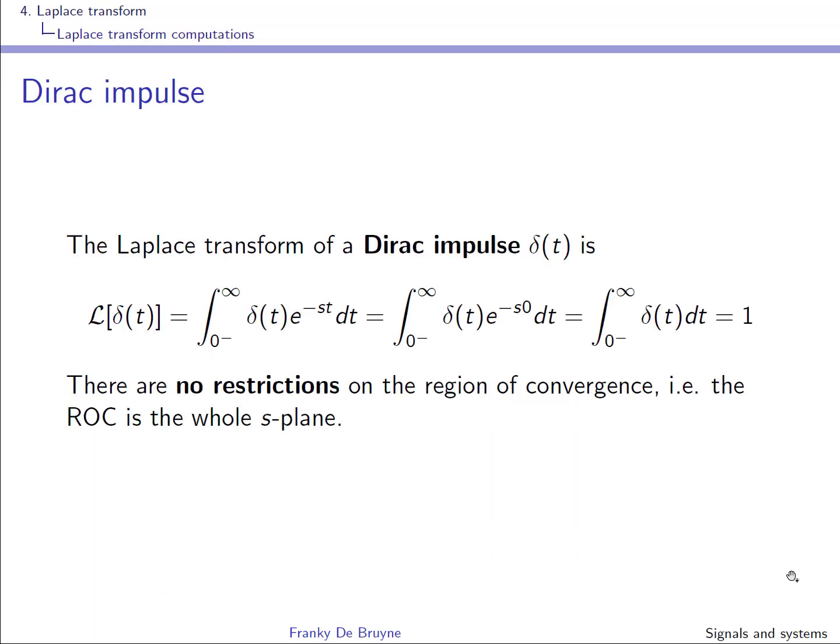Remember that we had this set of functions in the previous sections. What we'll do now is take the Laplace transforms of these signals, and we'll start with the Dirac impulse. The Laplace transform of this Dirac impulse is given by this expression, and for the Dirac impulse we've said that you need to start integrating a little bit to the left of 0.